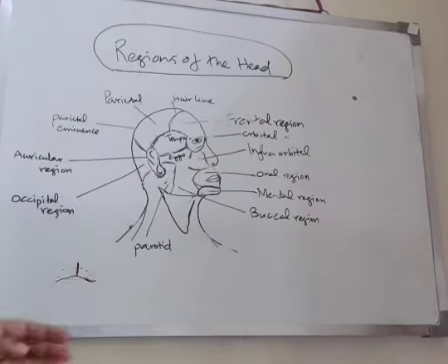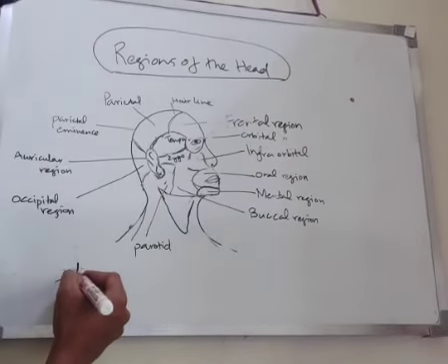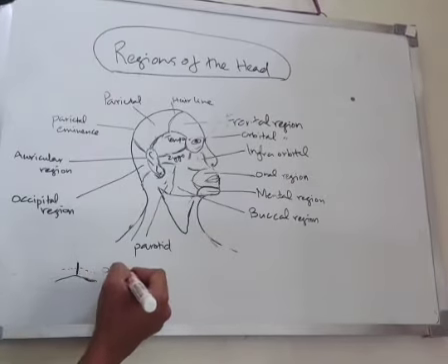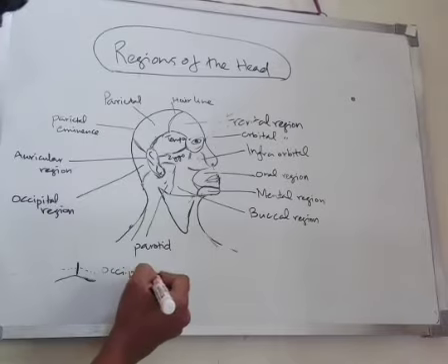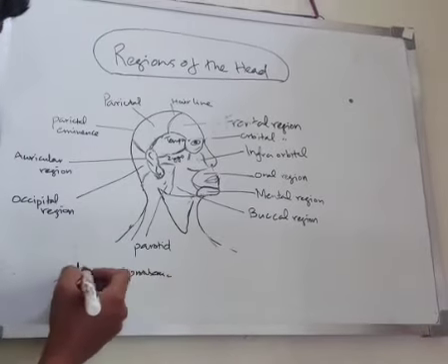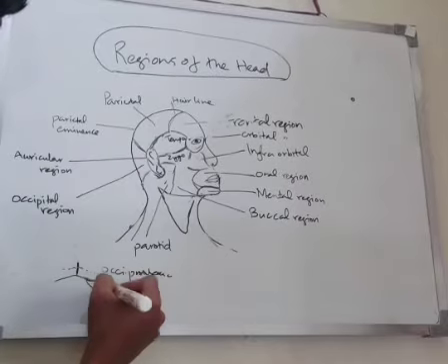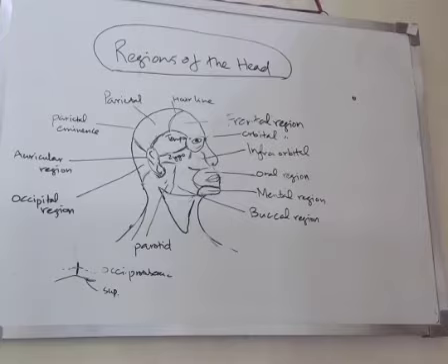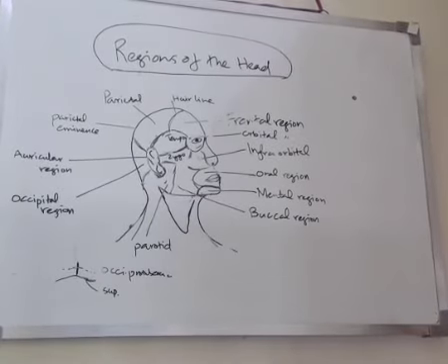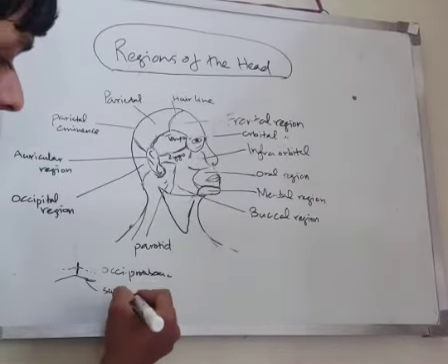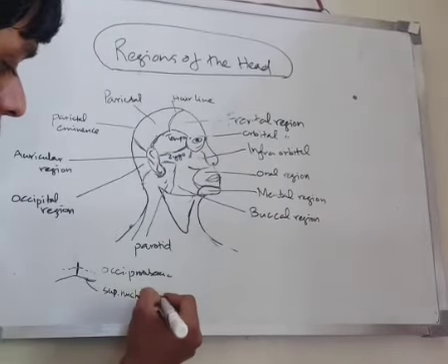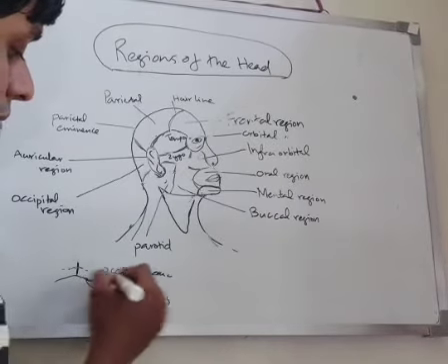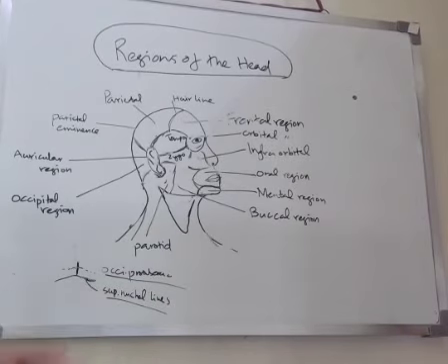So behind the occipital region, when we calculate the area of the occipital region, there is a protuberance that's called the occipital protuberance. This is the occipital protuberance and these are the superior nuchal lines.